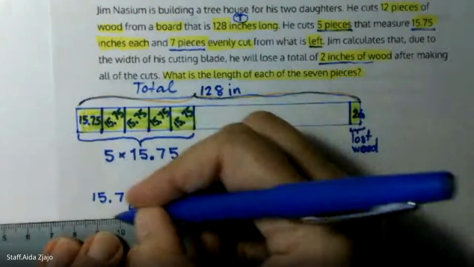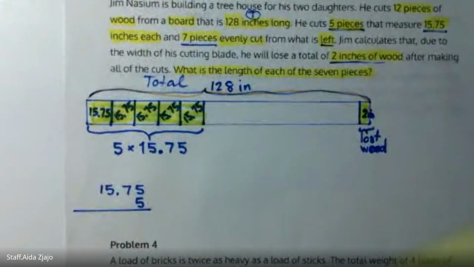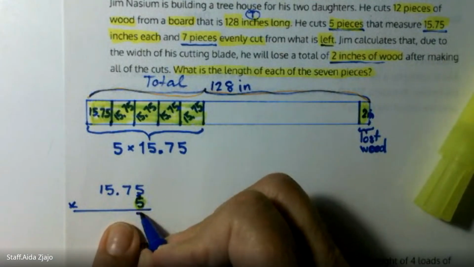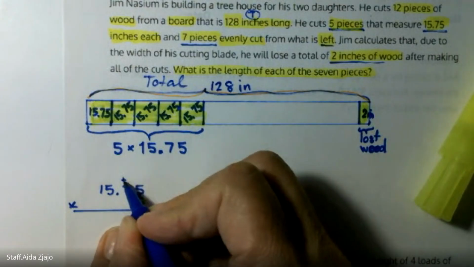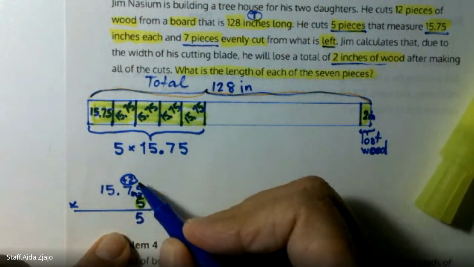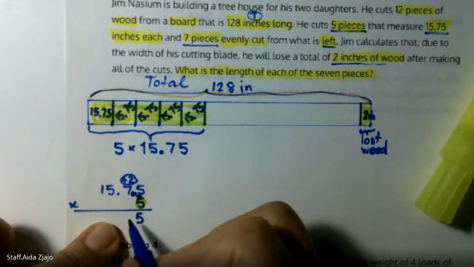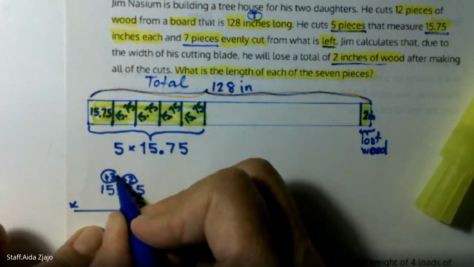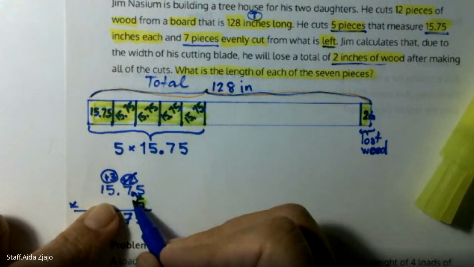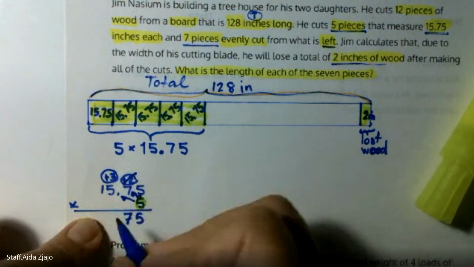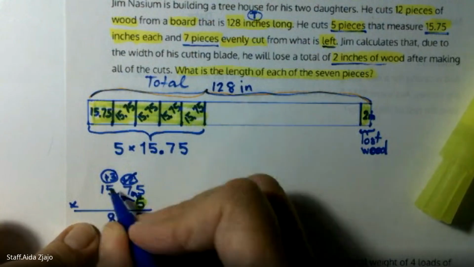5 times 5 is 25. Write 5, remember 2. 5 times 7 is 35, plus 2 is 37. Write 7, remember 3. 5 times 5 is 25, plus 3 is 28.